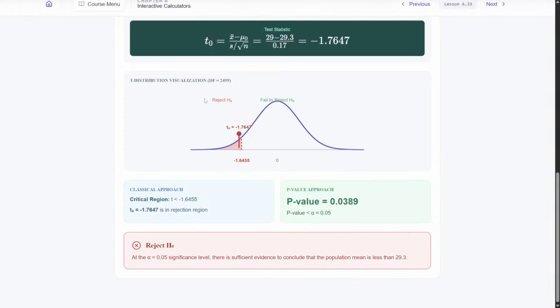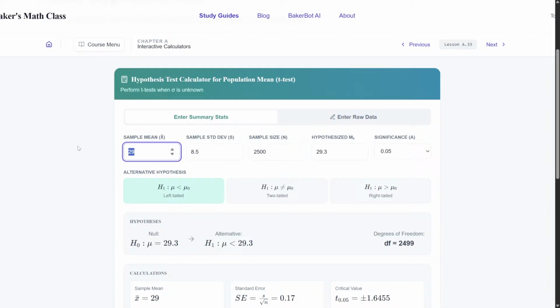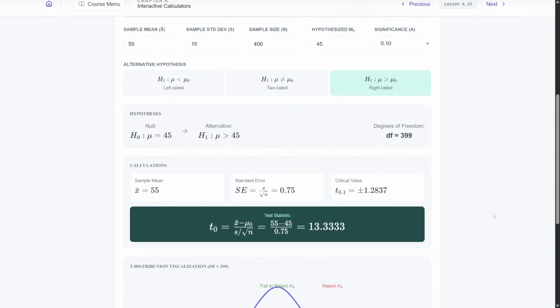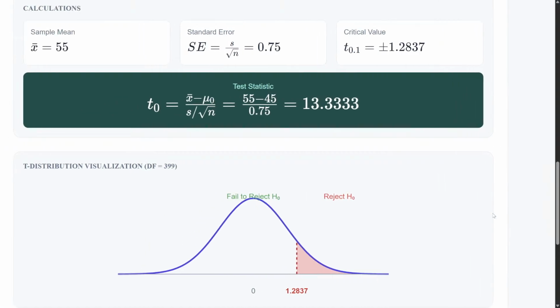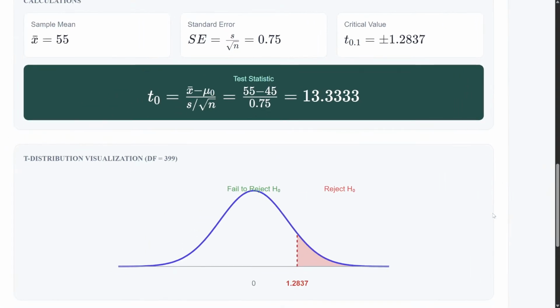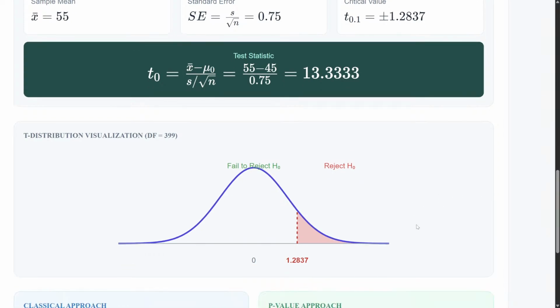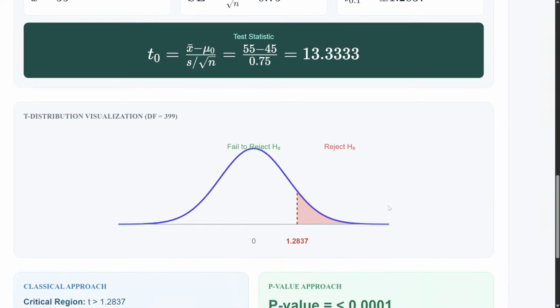All right, let's fill them in. So my test statistic is 13.33. I think it's higher than 45 minutes. It's so high that it doesn't even show up in my graph.